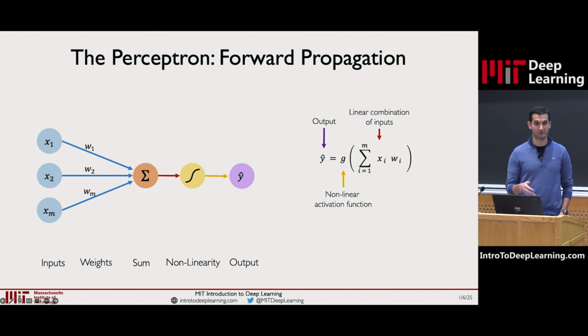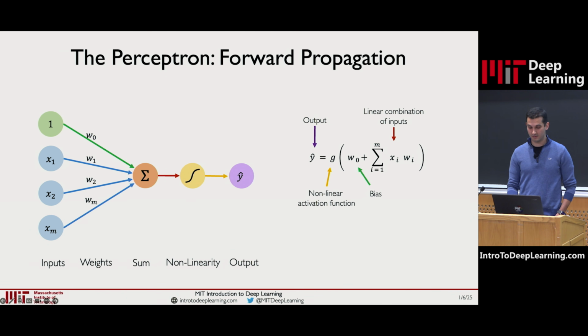What we're going to do is after we do this multiplication, we're going to add up all of those numbers together. We'll take the single number that comes out, and then we'll pass it through what's called a nonlinear activation function. This is just a nonlinear one-dimensional function that you can pass this single number through to get the output. Here it's denoted as g. Okay, I left out one minor detail, so I'll correct it right now.